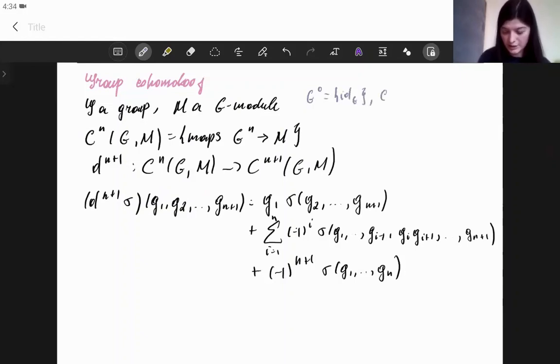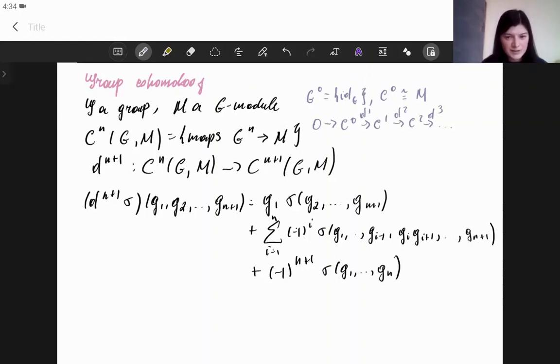So in particular, C^0 is just isomorphic to the module M. And if we have all of these abelian groups, we can make a cochain complex, 0 into C^0 into C^1 into C^2 and so forth, where we have these coboundary maps d_1, d_2, d_3, and so forth, where each of these coboundary maps is defined as we see here.